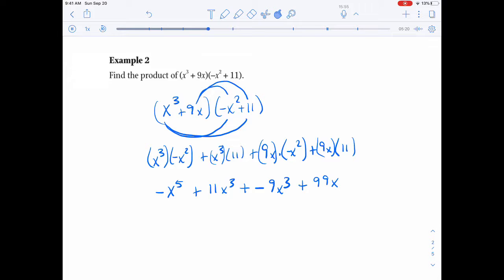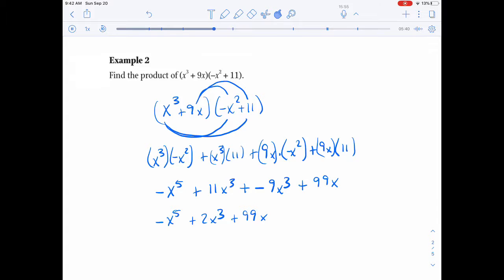Combining our like terms, we get a negative x to the fifth, and when we sum 11x cubed and subtract 9x cubed from it, we get a positive 2x cubed, and then plus 99x.